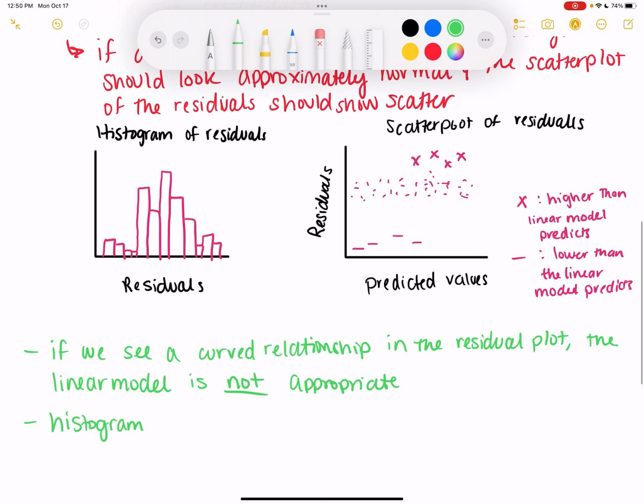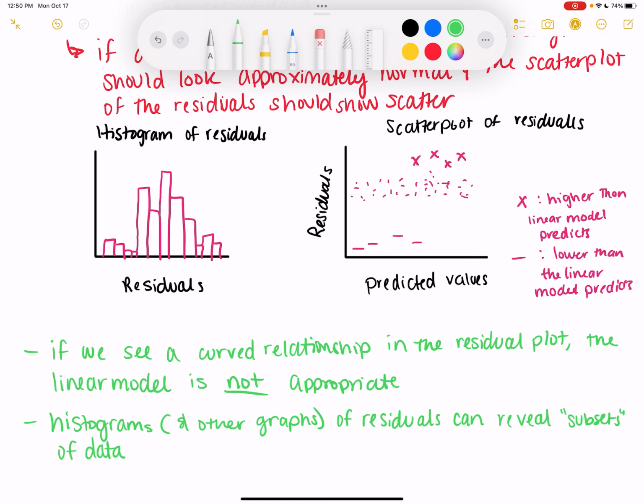Histograms and other graphs of residuals can reveal subsets of data that will enhance our understanding of the original data.